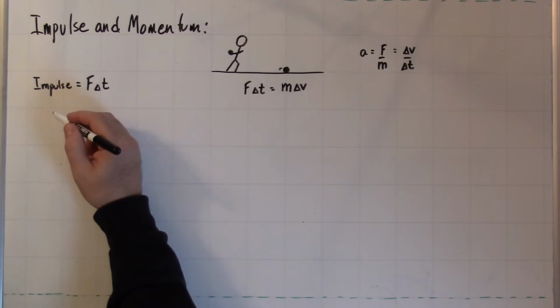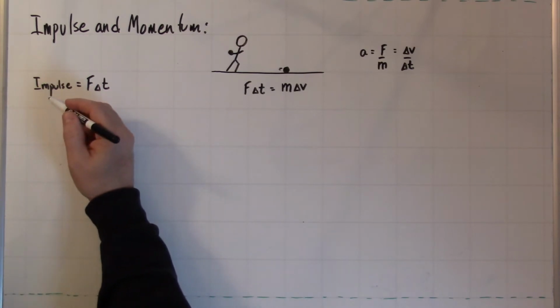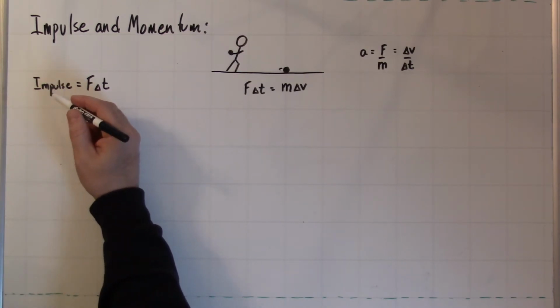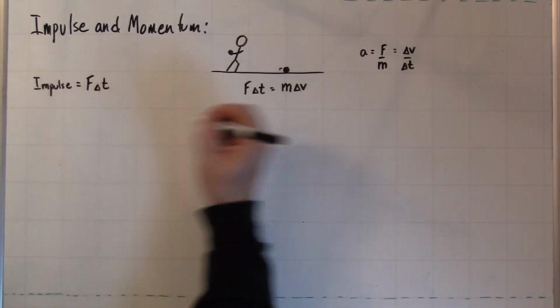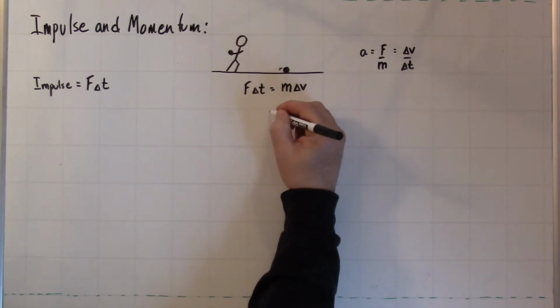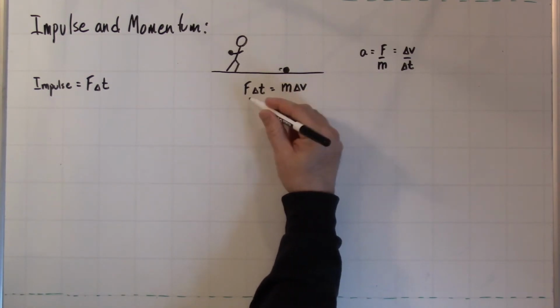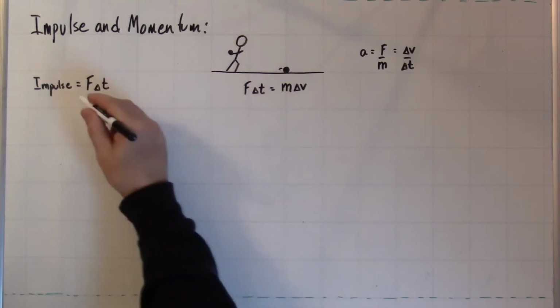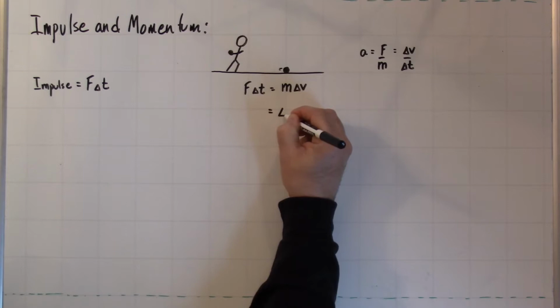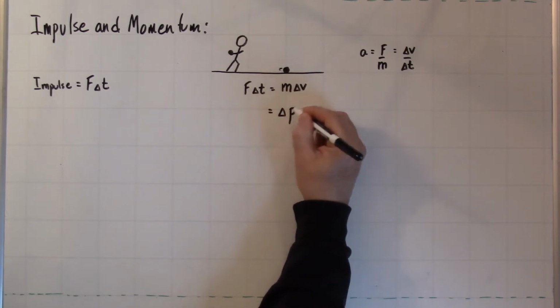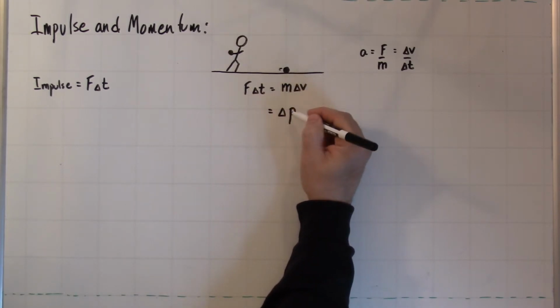Coincidentally, by the way, in French, impulse, basically, I don't speak French, but it starts with a P. That's why P is the letter we use for momentum. So when you look at this here, this is the impulse, but this right here is also the change in momentum, because the mass times change in velocity is the change in momentum.